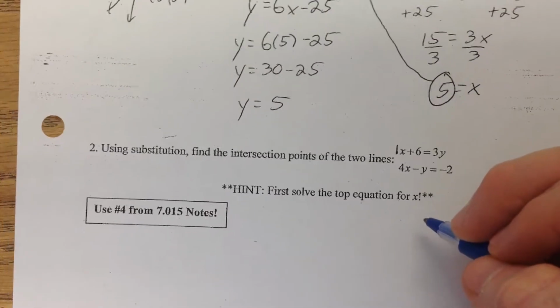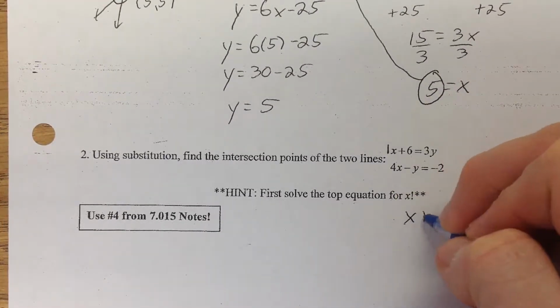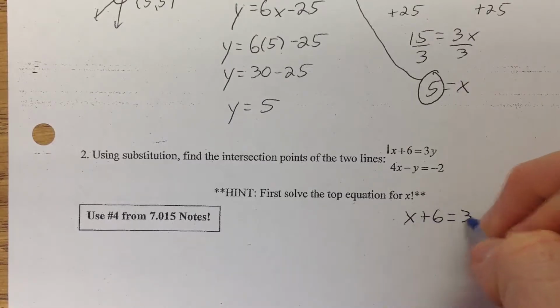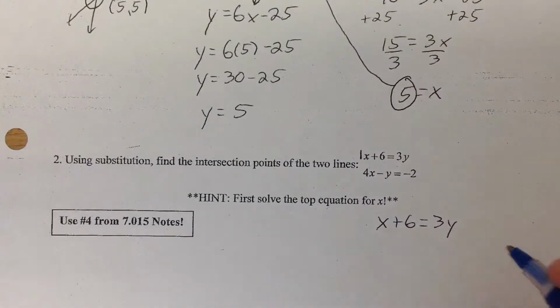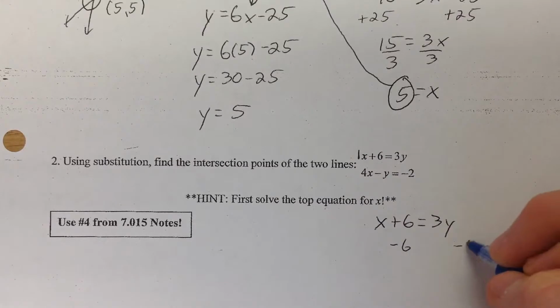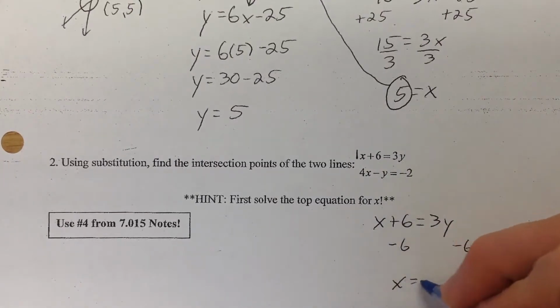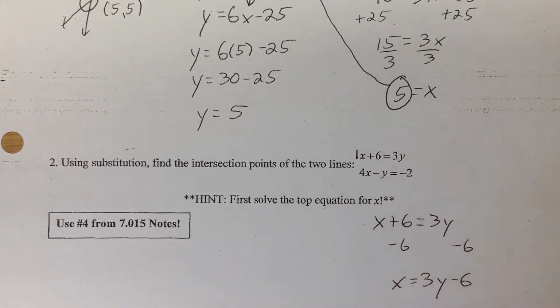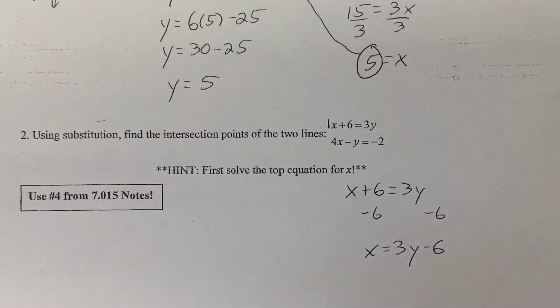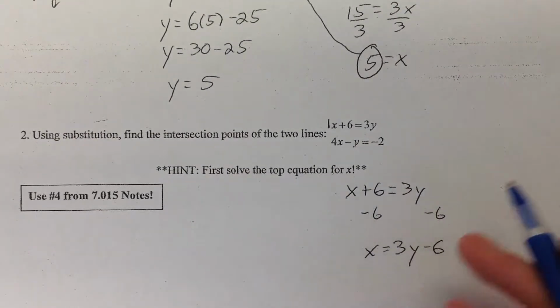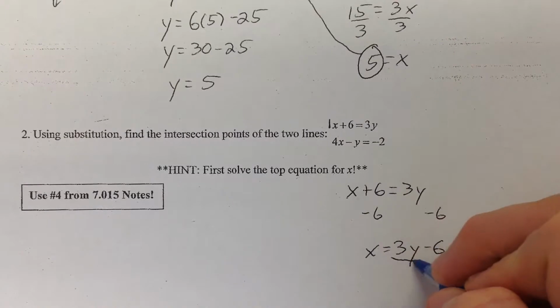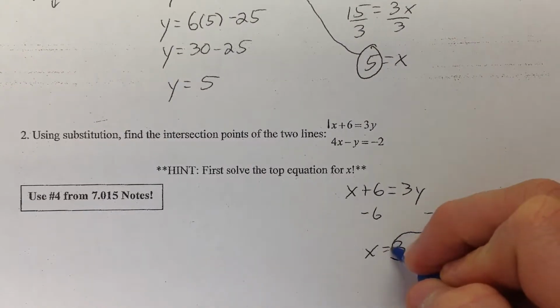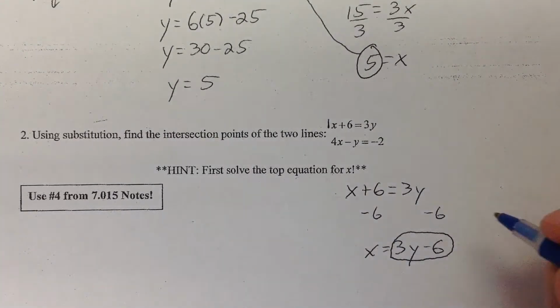So what we're going to do is write this x plus 6 equals 3y. Then we're going to subtract 6 from both sides. We get x equals 3y minus 6. And now we have a letter by itself. The x is all by itself. So we can circle the 3y minus 6 because that's what x is equal to.